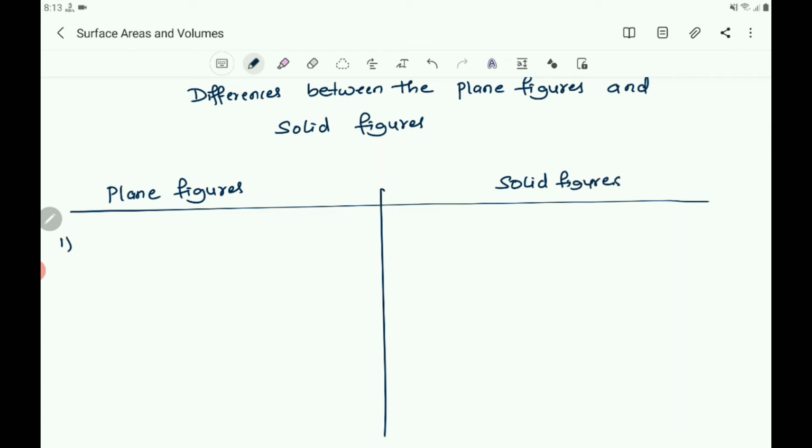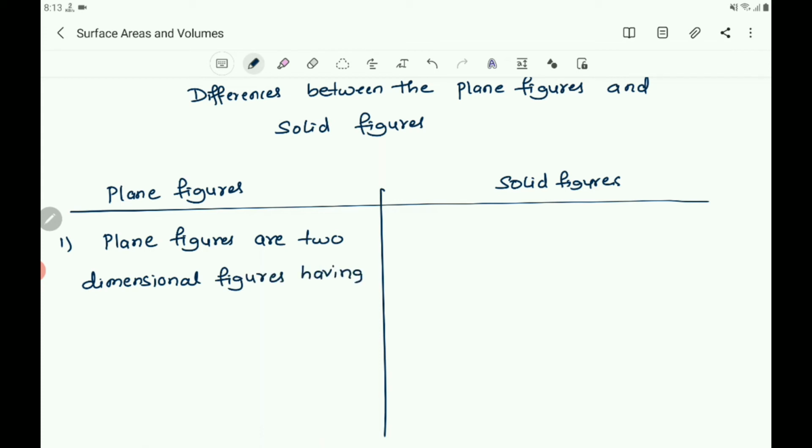First one, you write plane figures are two-dimensional figures having length and breadth only.